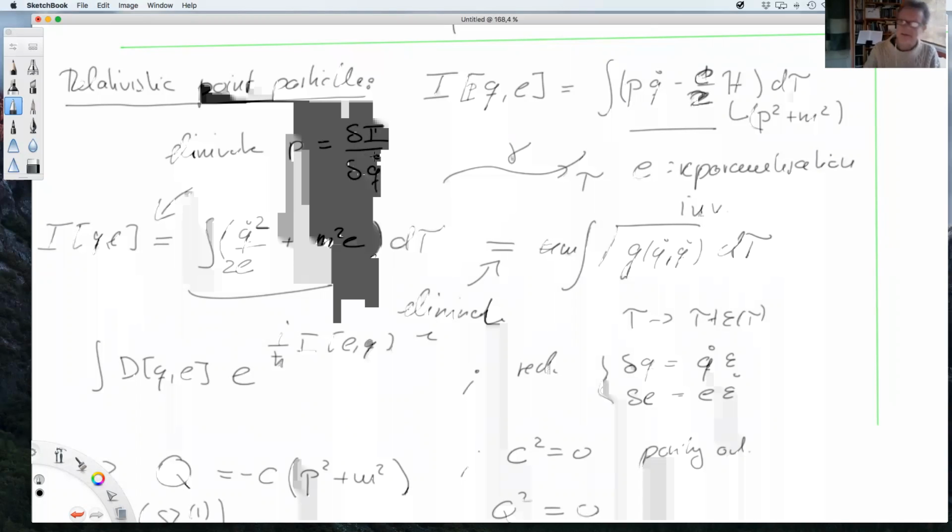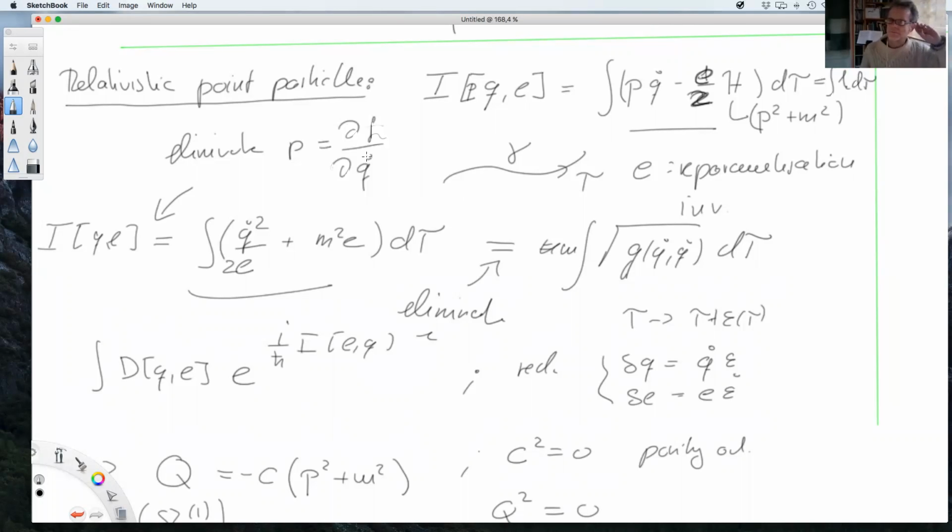Maybe I should say, if I write this as integral L d tau, then P is dL by dQ dot. So it's the usual momentum conjugate to Q. So we express it in terms of E and Q. Is that correct? That's right. So once I eliminate the P, I will get an action which is a function of E and Q. Okay, thank you. You're welcome.